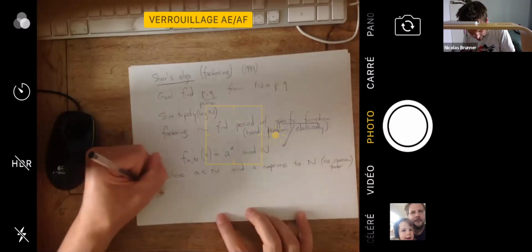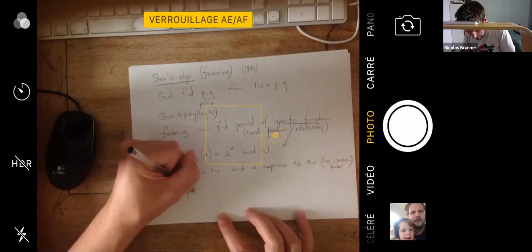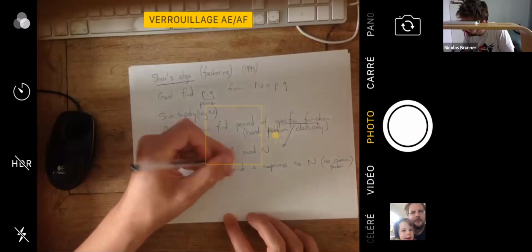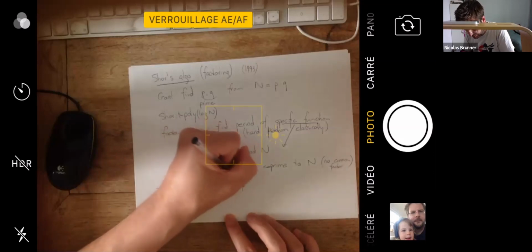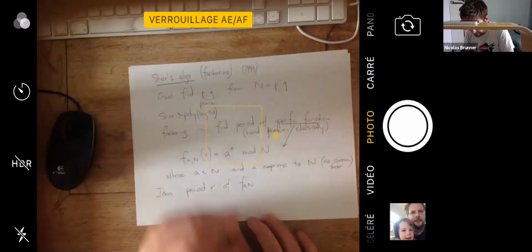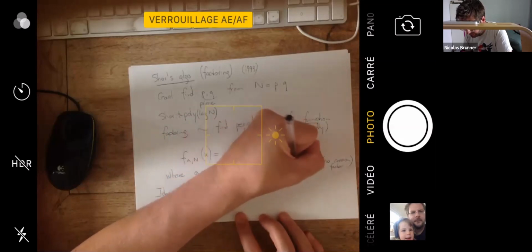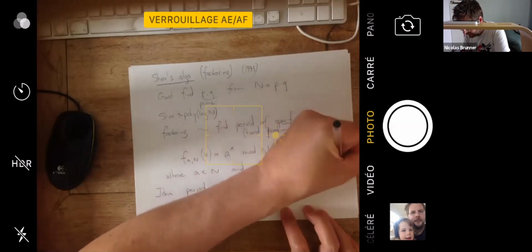So the idea is that the period, let's call it r, of this function f_{a,n} depends on a and n.